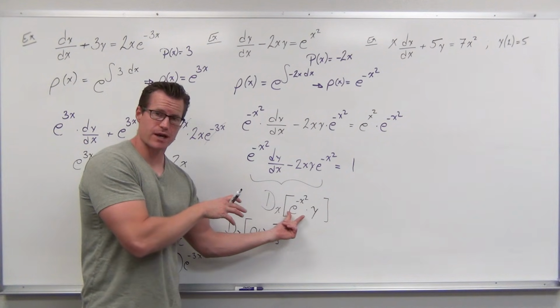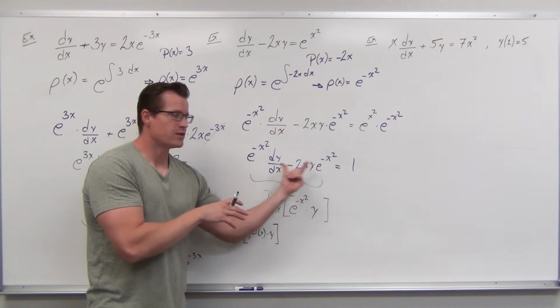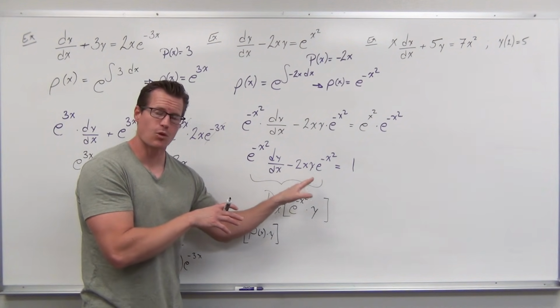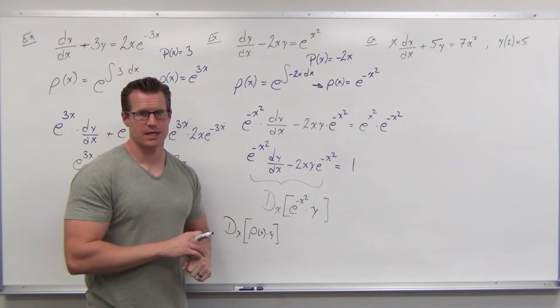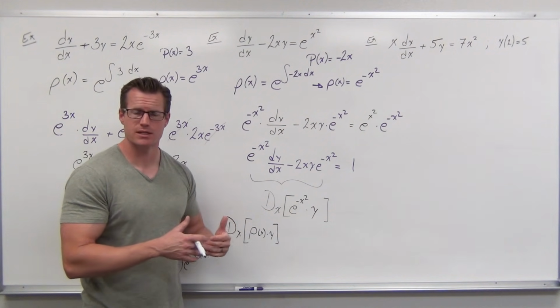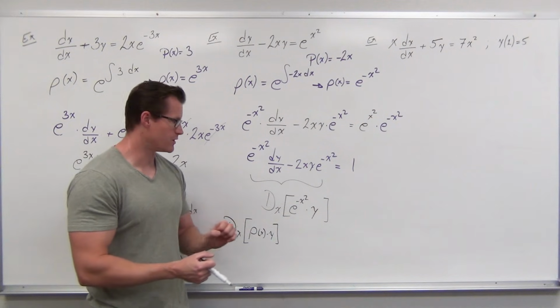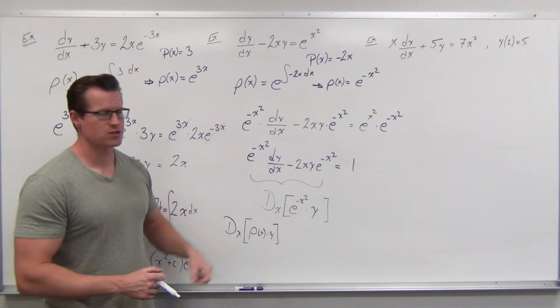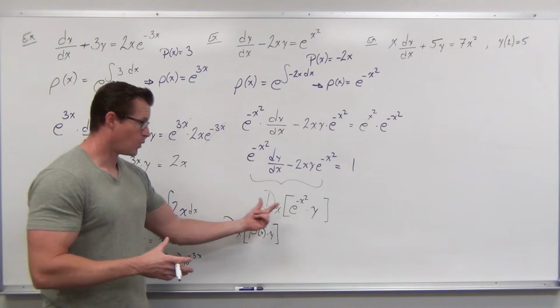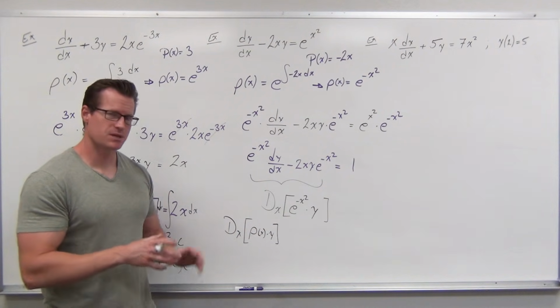That means it's got to be your first factor. This piece is a derivative of your x stuff with the exception of the y. The y here is not the result of that derivative. It's the piece of the product rule that you're not touching with the derivative. That's why we can change this into that nice product, and that's why that's just rho of x, because of that idea.